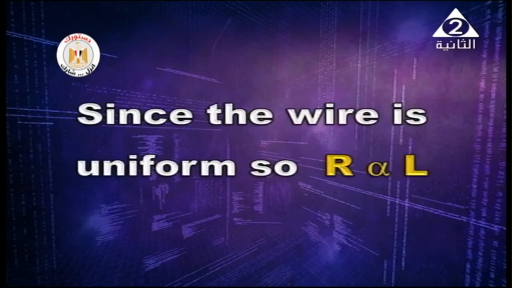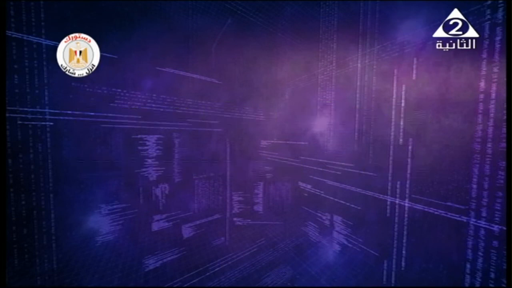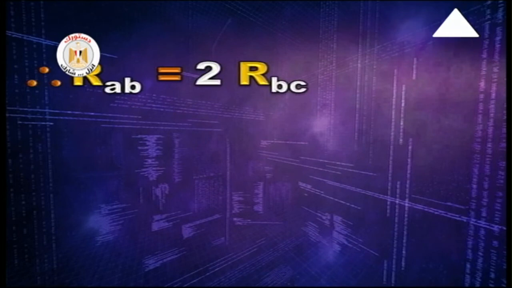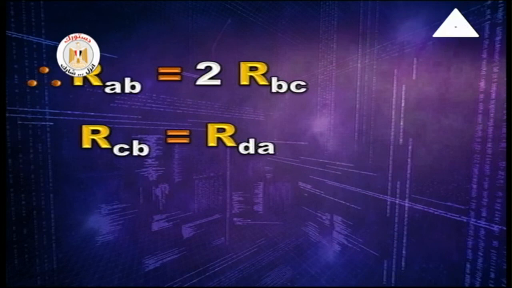Since the wire is uniform, resistance is proportional to the length. So a portion of twice the length will have twice the resistance. So RAB equals 2RBC, RCB equals RDA.